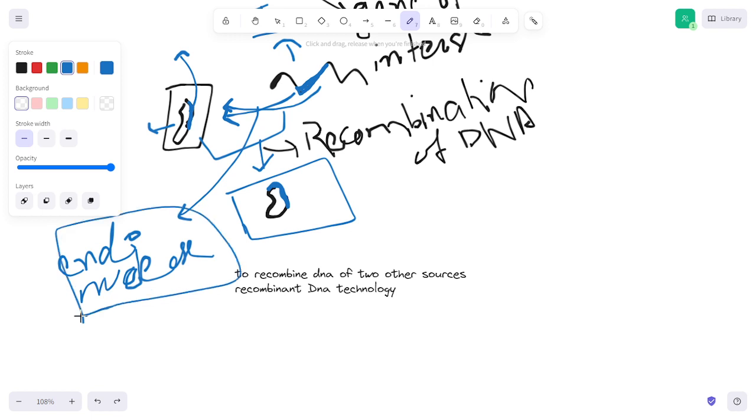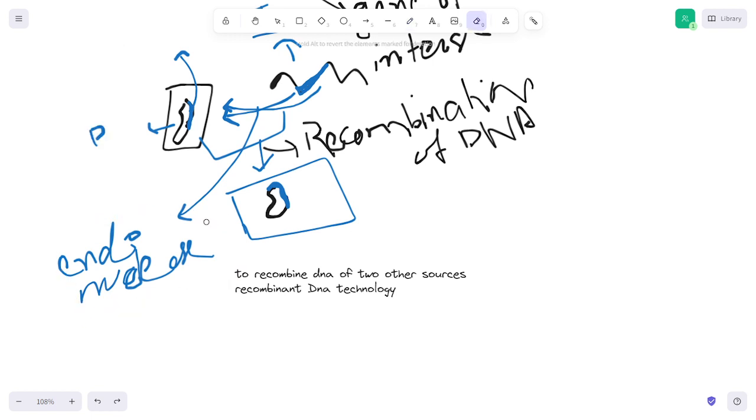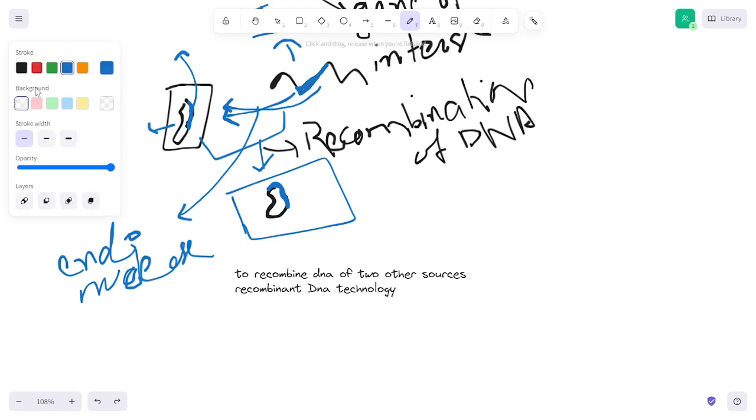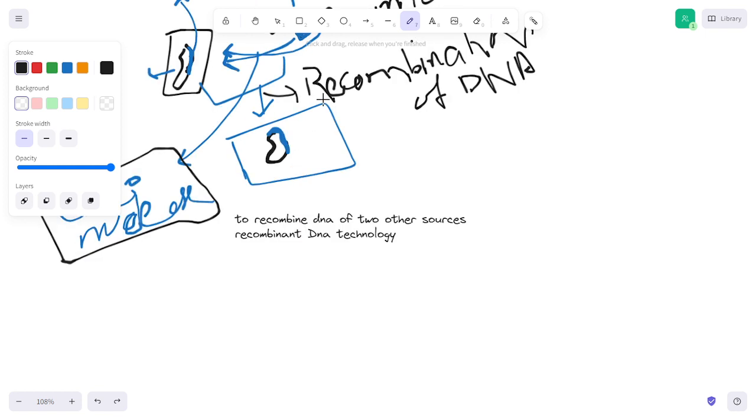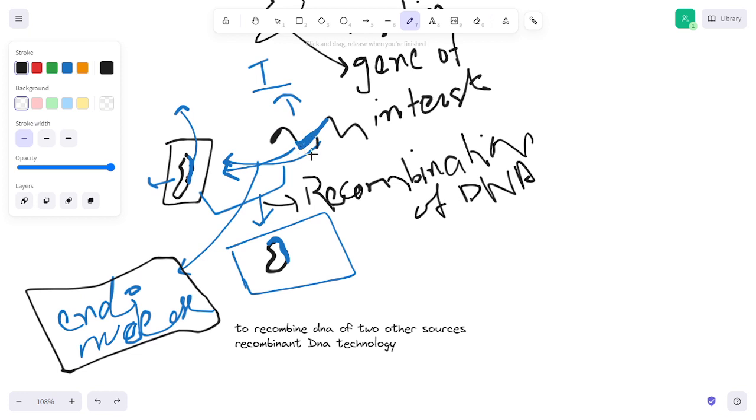So endonuclease is the enzyme which is used to make a place for recombination of DNA. It is an enzyme responsible for making a place in a cell to place our gene of interest. हमने अपने जीन ऑफ इंटरेस्ट को प्लेस किया. दिस एंजाइम रिस्पॉन्सिबल फॉर प्लेसिंग आवर जीन ऑफ इंटरेस्ट इनटू द वायरल जीनोम.